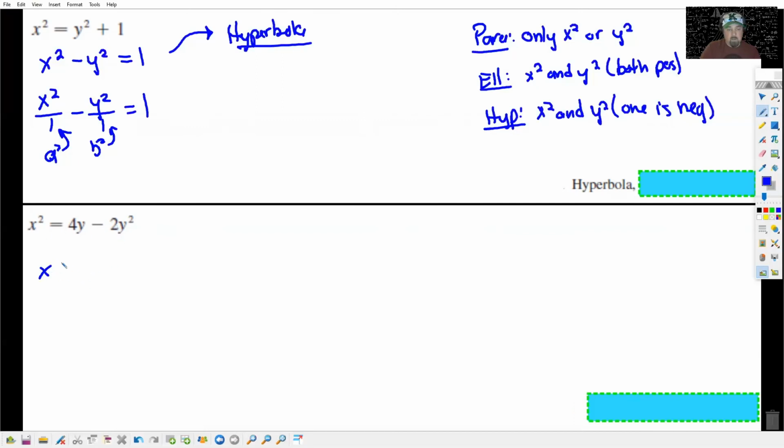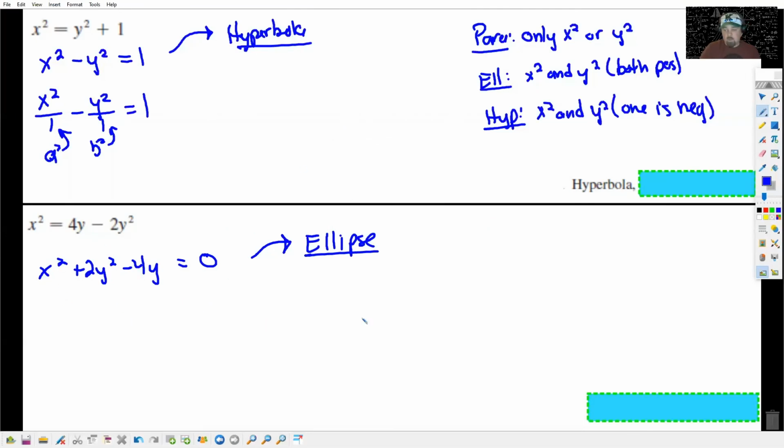So we have x squared, and I move this negative 2y squared over, it becomes positive. This becomes negative, and this is equal to 0 right now, which isn't necessarily how I want it to find all the points, but because x squared and y squared are positive, we're on the same side, I know that this has to be an ellipse.